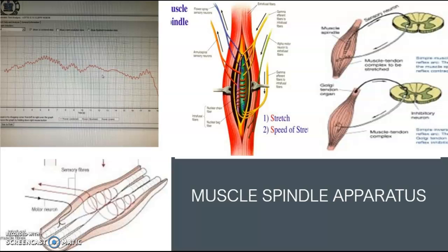Autogenic inhibition refers to a reduction in excitability of a contracting or stretched muscle that in the past has been solely attributed to increasing inhibitory input arising from the Golgi tendon organs within the same muscle.